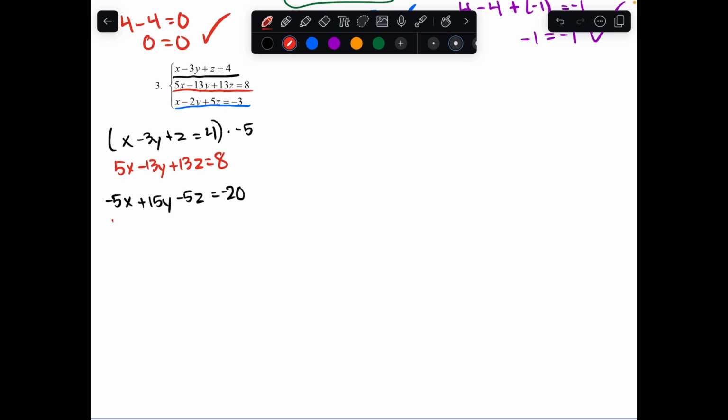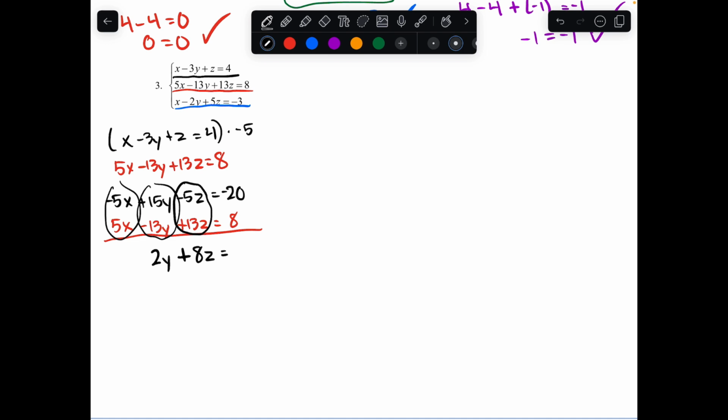And we'll rewrite the red equation. 5x minus 13y plus 13z is equal to 8. Now I can add these together, and we're going to have 0x, 15y minus 13y is going to be 2y. Negative 5z plus 13z is going to leave us with 8z.